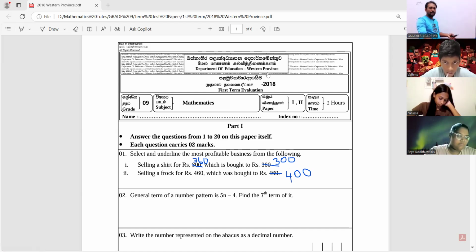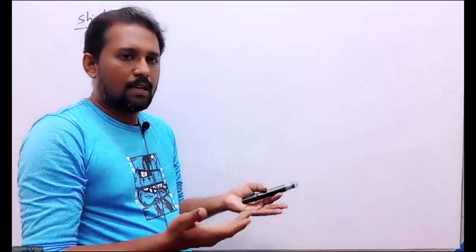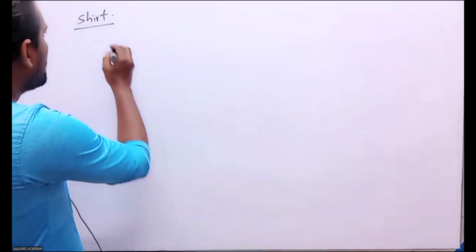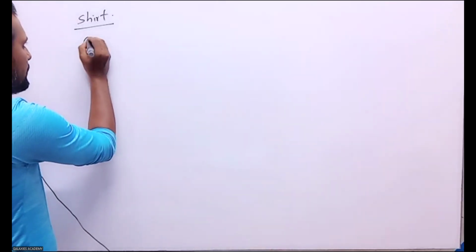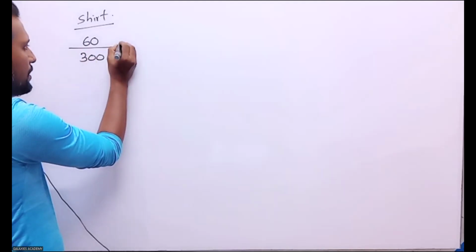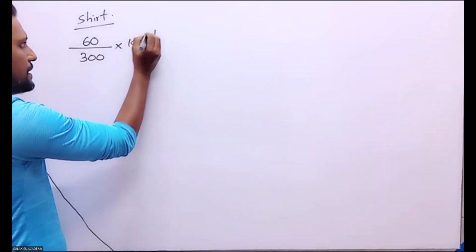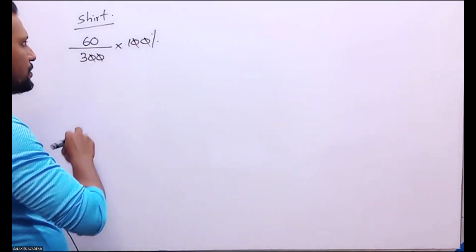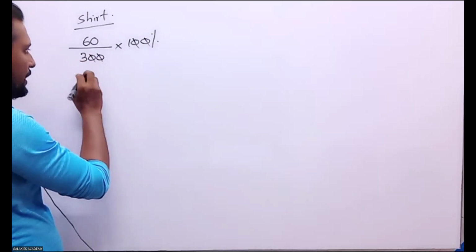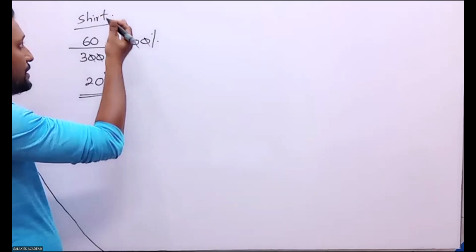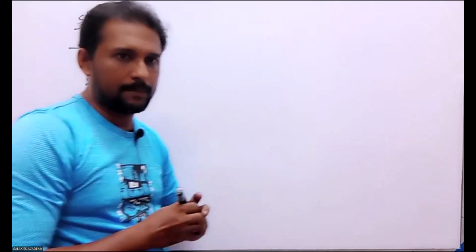So how can you find the profit percentage of it? Profit divided by buying price multiplied by 100%. Then these two zeros we can remove from these two. 60 divided by 3. So the profit percentage of the selling shirts is 20%.